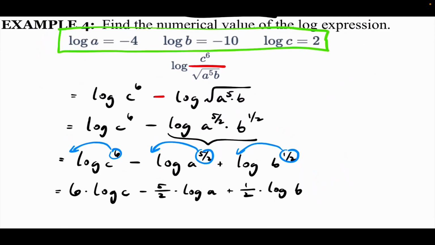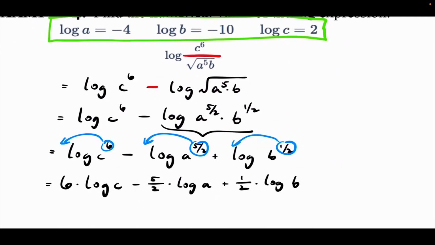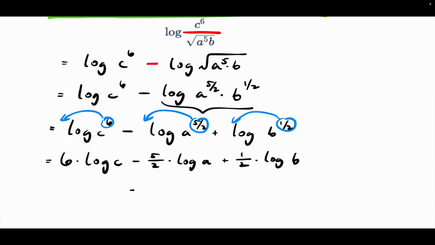Okay, so do I see a log of A? I do. Right here. So instead of log of A, I'm going to 2 times -4. Oops, forgot parentheses.